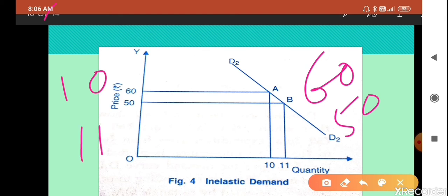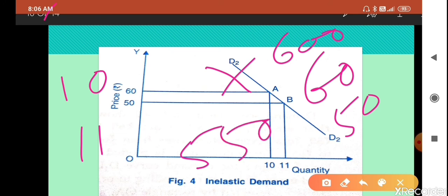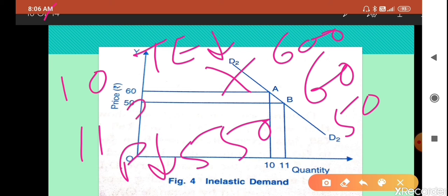So if we are watching total expenditure, 60 into 10 is 600 and 50 into 11 is 550. So total expenditure decreases due to the fall in price. So in that case EP will be less than 1.